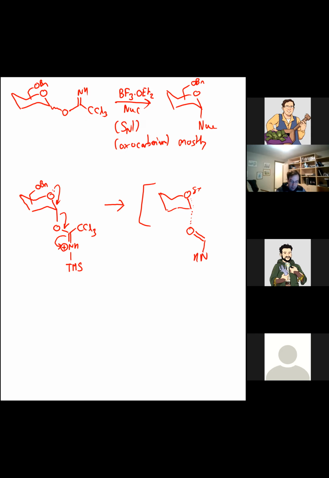So if we think about what we just made, it's that, and that looks like a pretty stable molecule. The whole TMS thing instead of a proton isn't great, but we'll replace that on workup, so that's not a big deal. The rest of this thing is kind of an amide, so it's very favorable to form this.